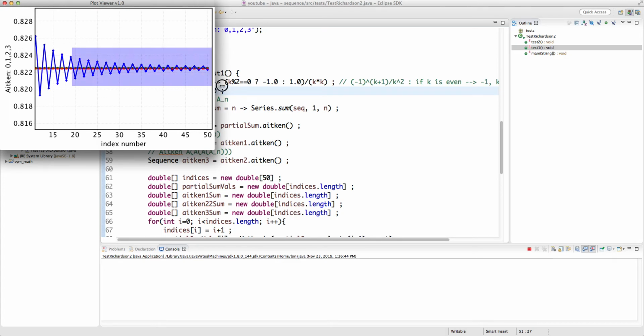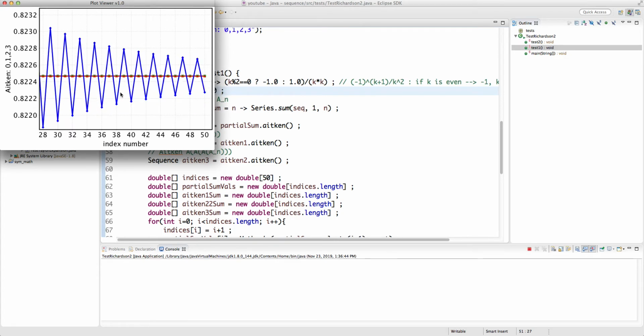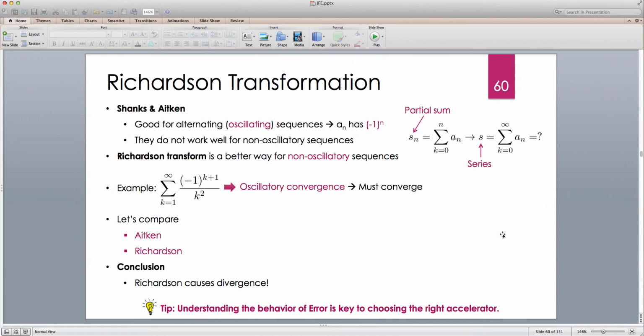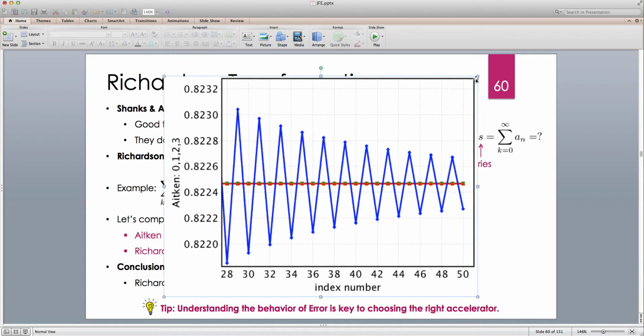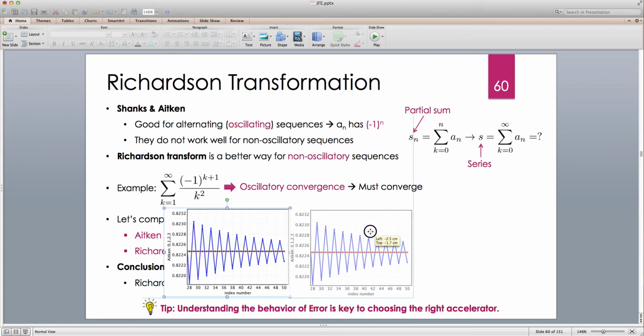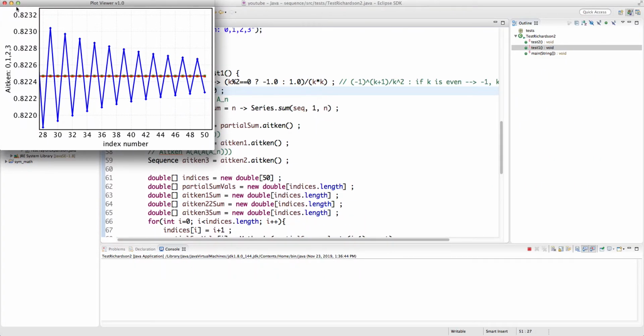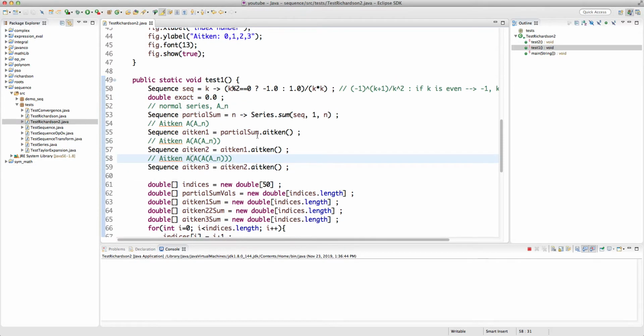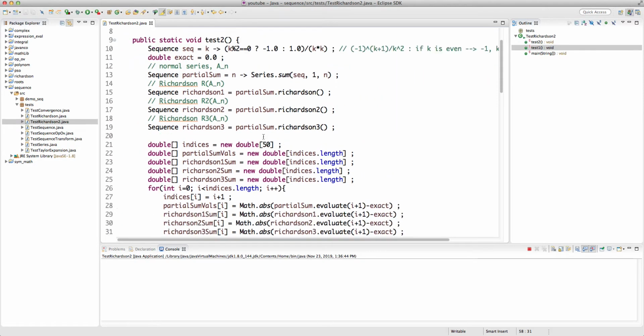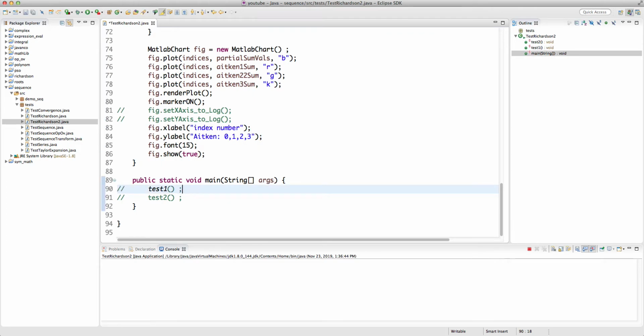Let me just zoom in. Alright, so we're going to copy this and put it in our slides. So this was Aitken. Now let's see what Richardson does. So for Richardson, I'm going to run test 2.